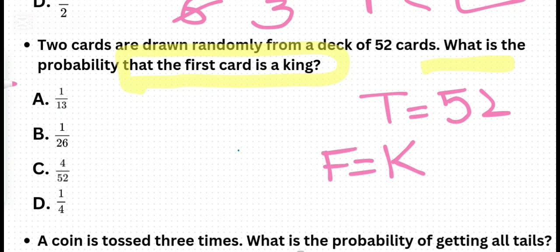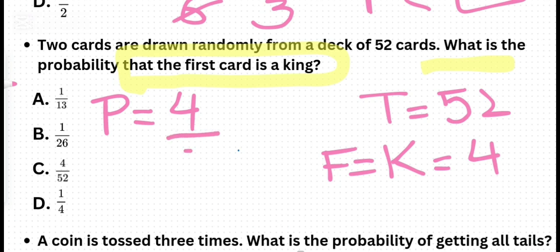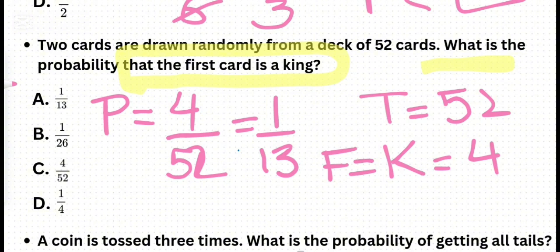First card is a king, so it contains 4. So if you put the formula P is equal to F by T, the number of kings, which is 4, and total cards, which is 52, after cutting, you will get 1 by 13. So the correct answer is A.